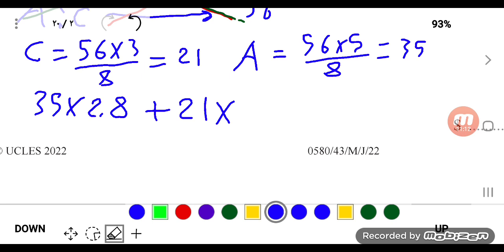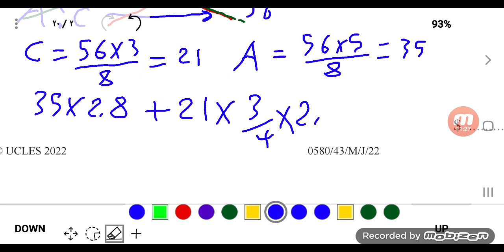Now you are given here the cost of a child ticket is 3/4 of the adult cost, which means the price is 3/4 times the adult ticket, which is 2.80.